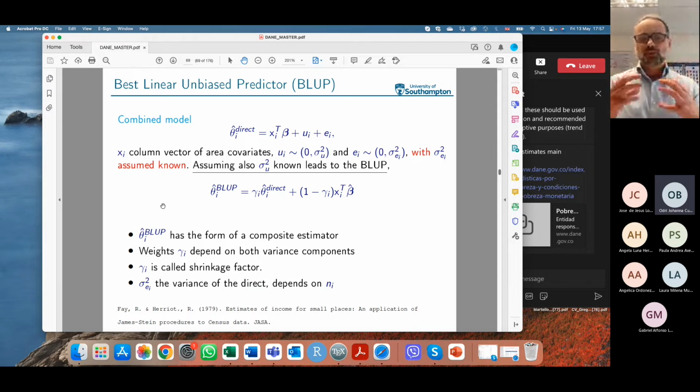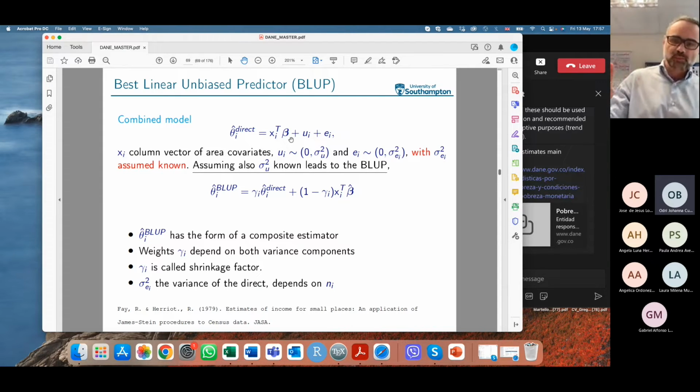Basically you assume that the variances of the direct estimates are known; you don't consider them as unknown. So the only unknown parameters that you need to estimate are sigma squared u, the variance of the random effects, and the regression parameters beta. That's a key part of that model, and it's good to understand.